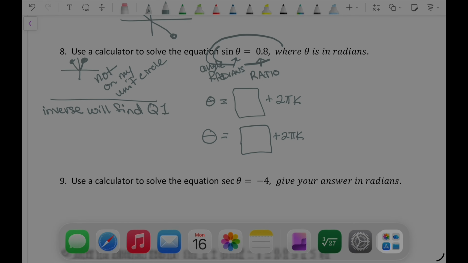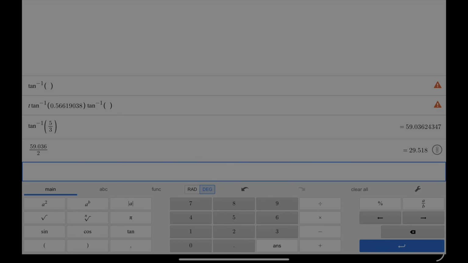So I'm going to grab my calculator. I'm going to make sure I'm in radians, and I'm going to do inverse sine. So theta will equal arc sine or inverse sine of 0.8. Okay. Clear all.